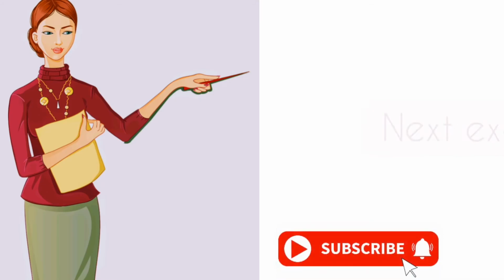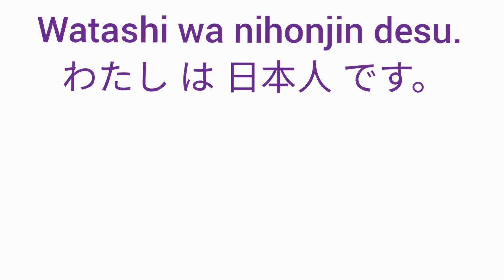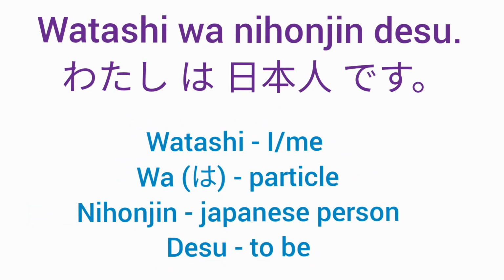Our next example. Watashi wa nihonjin desu. What does it mean? Watashi means I or me. Wa is the particle. Nihonjin means Japanese person. And desu means to be.